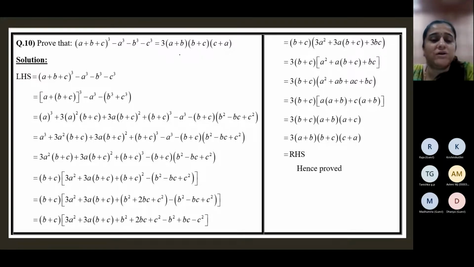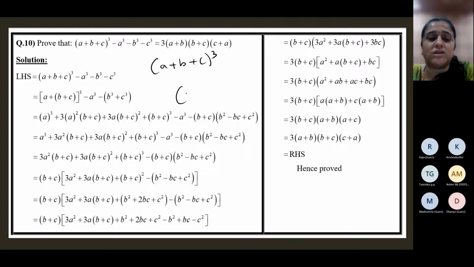I don't know how to expand (a plus b plus c) the whole cubed. We know how to cube a binomial, and not a trinomial.